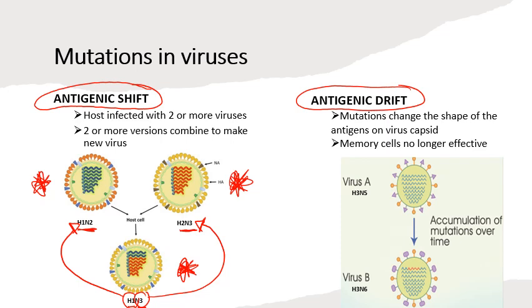Okay, so it's kind of concerning that sometimes viruses do have this ability to undergo antigenic shift, and right now we don't have anything to prevent this from happening and creating these new super strains or hybrid strains of viruses out there right now.